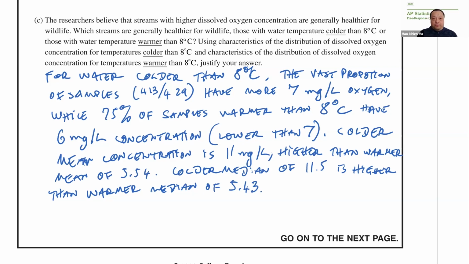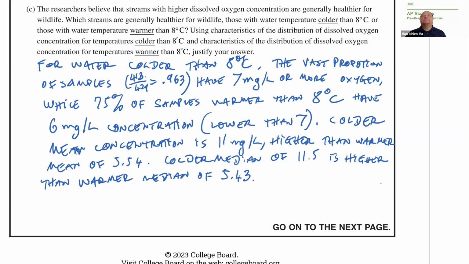Actually, I'm going to change the 413 divided by 429 into a percent. Just fix a few wordings here and there. And since I'm giving the standard deviations, I might as well use it. And it's a good idea.